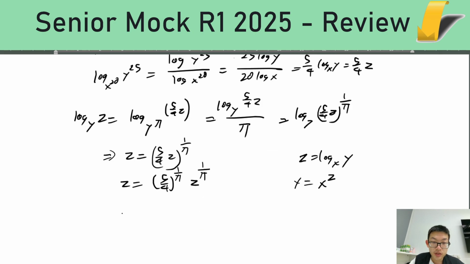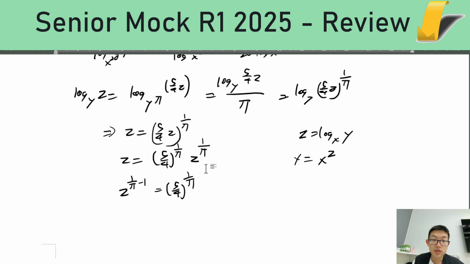And okay, yeah, so basically take both sides to the power of pi over 1 minus pi, which means multiply both sides like this, and then after divide by 1 minus pi.